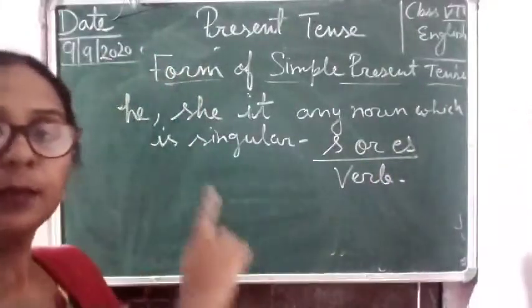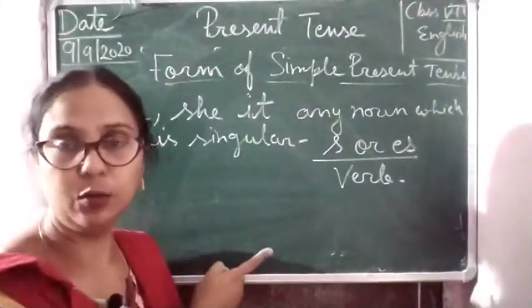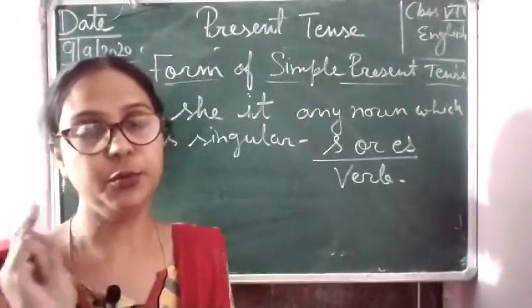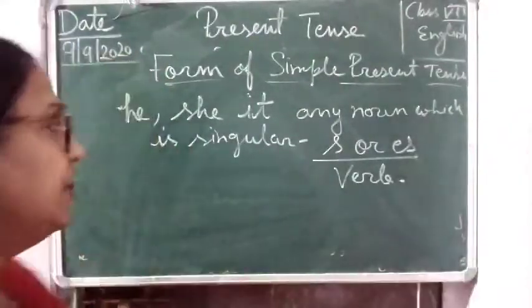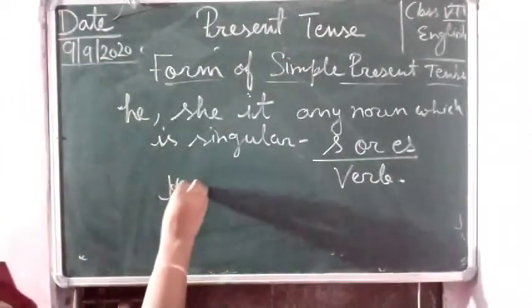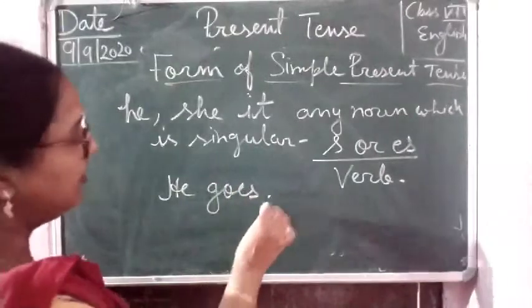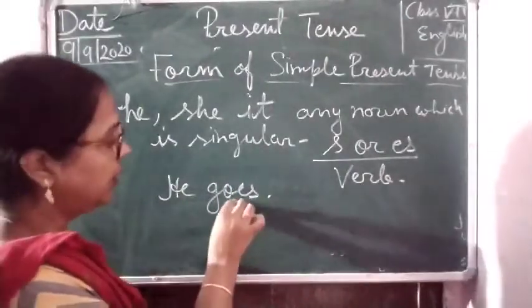Whenever the subject is singular, whether it is a pronoun or a noun, you always remember you are going to put s or es in the verb. Suppose he goes. After go, we have used es.